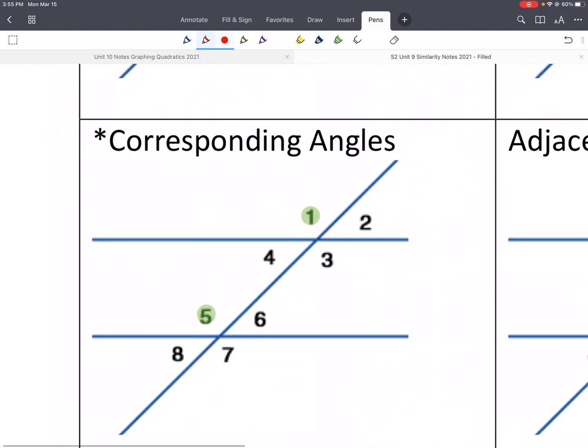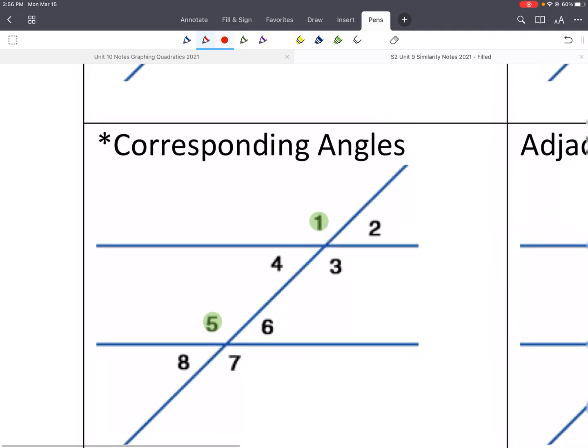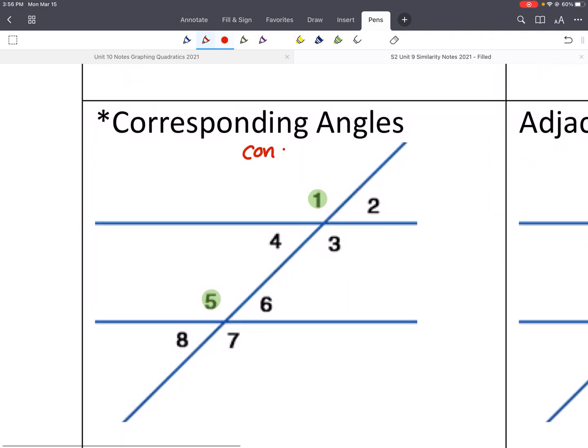Next we have corresponding angles. Basically they're also congruent. A lot of these are congruent. So we just need to know that if we're given two parallel lines, then we can say a lot of stuff about two of the angles, whether they be congruent, they're the same, or not.